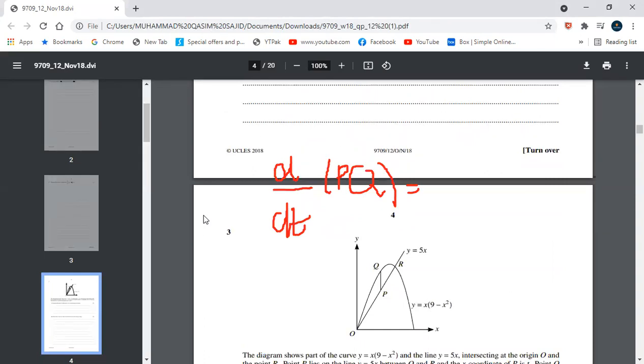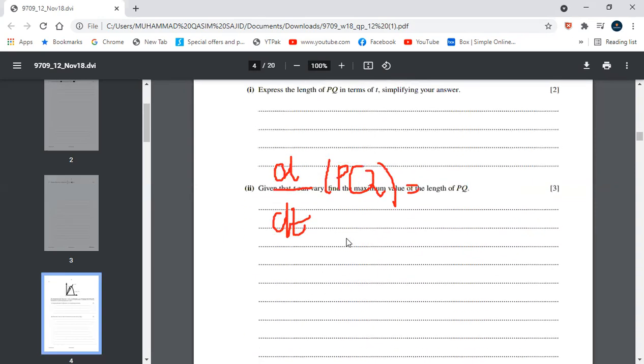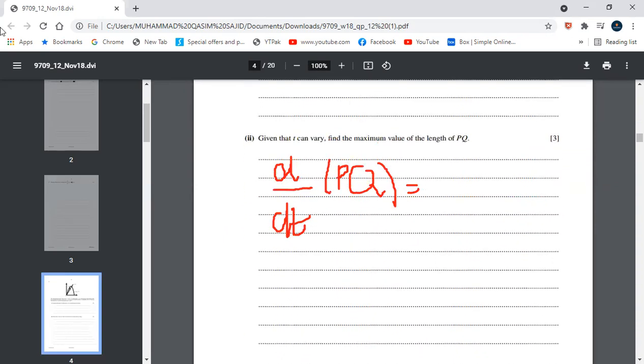So the PQ length equals the function, 4 minus 3t square. So from here, the derivative must be equal to 0.